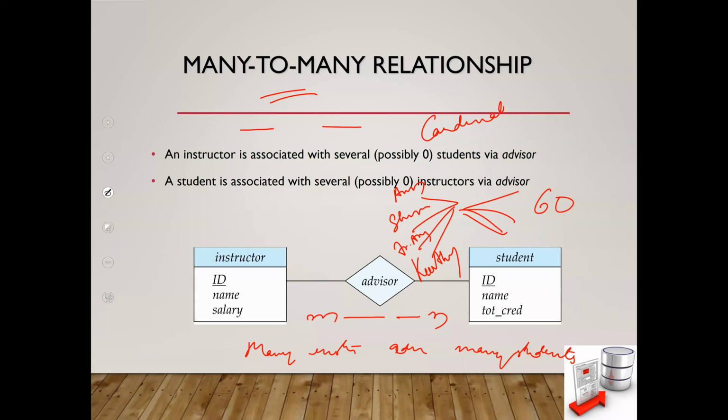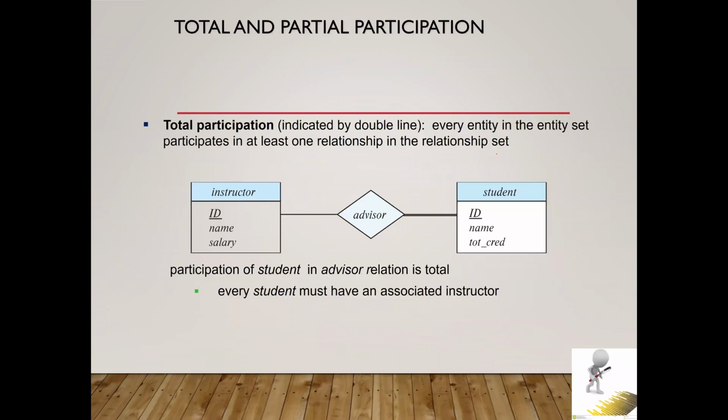Now there is something called total participation and partial participation. Total participation, you usually denote it with a double line. It means each entity in the entity set participates in at least one relationship. Okay, I'll show you with an example.